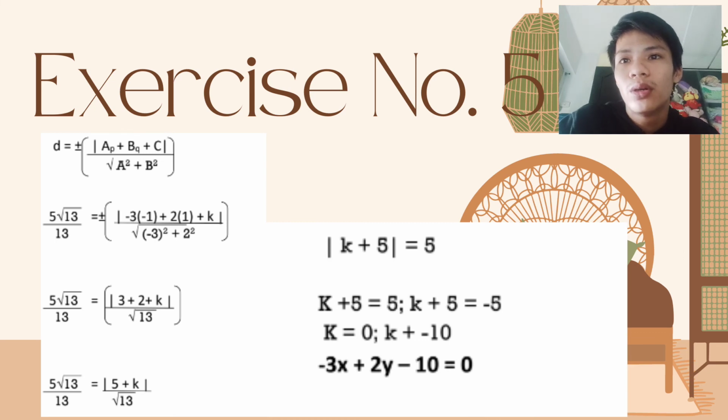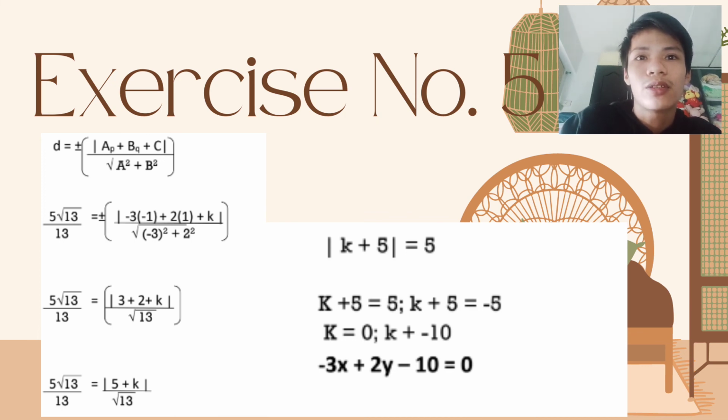So absolute value of 3 plus 2 plus k is equal to square root of 13. And then absolute value of 5 plus k over square root of 13. So absolute value of 5 plus k is equal to 5.